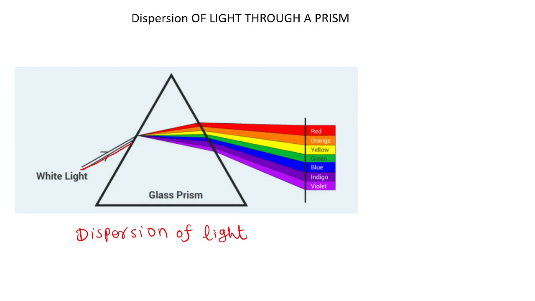So dispersion of light is nothing but dividing the white light into its own components. From this experiment, what we can say is white light is obtained by combining these 7 colors. If these 7 colors are combined together, it looks like white light.